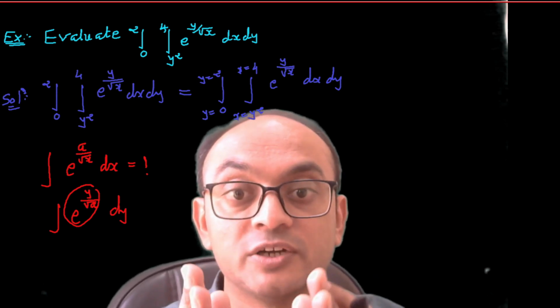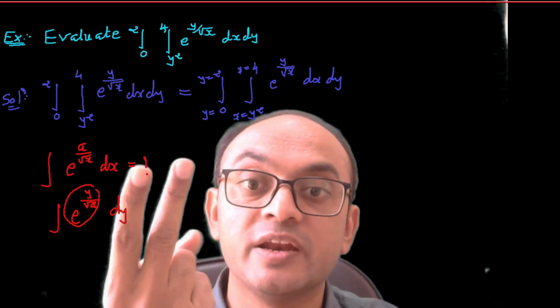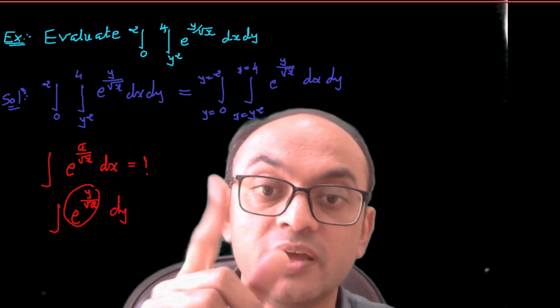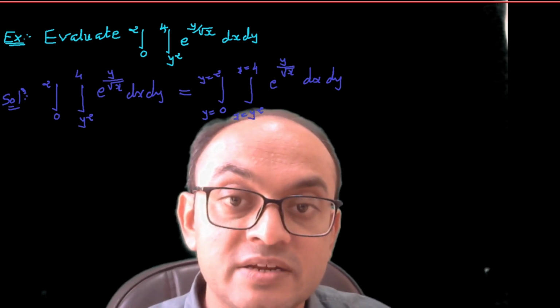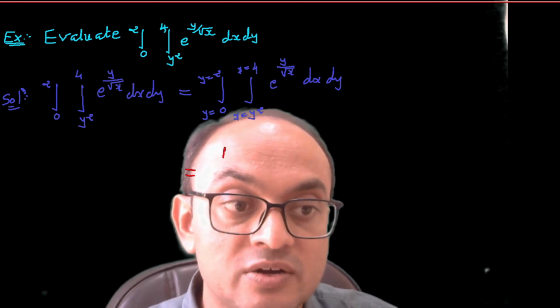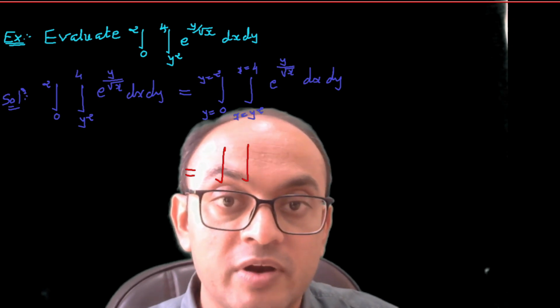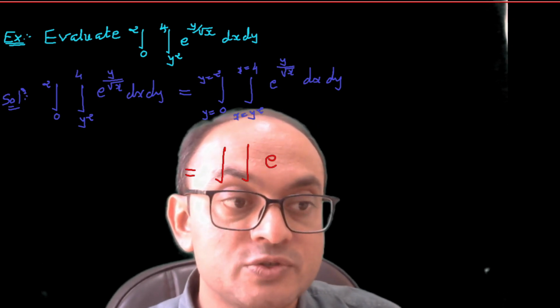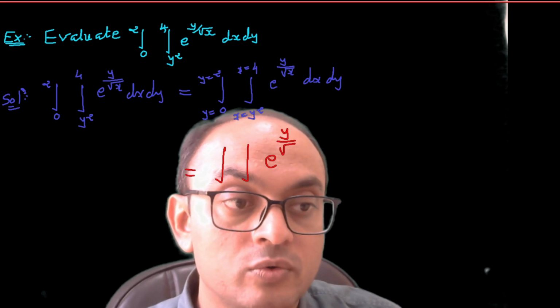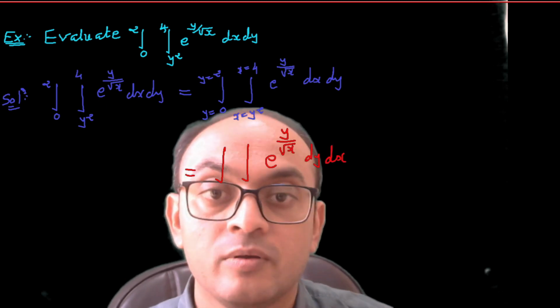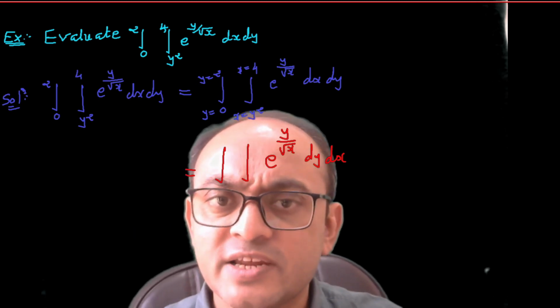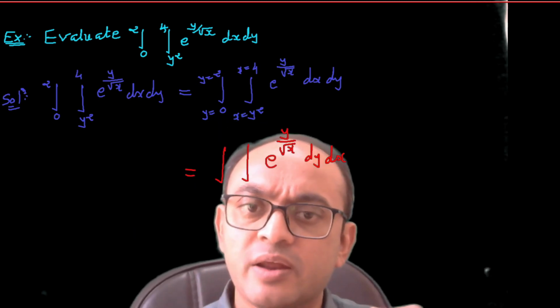But whenever the function is continuous, then we can interchange the role of dx dy by dy dx. Let me interchange the role of dx dy by dy dx. So this is equal to double integration e raised to y upon root x dy dx. Okay, so we have already interchanged dx dy by dy dx and we are able to integrate.